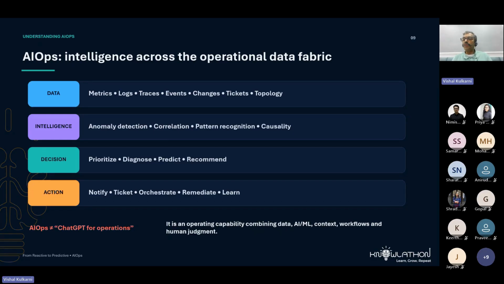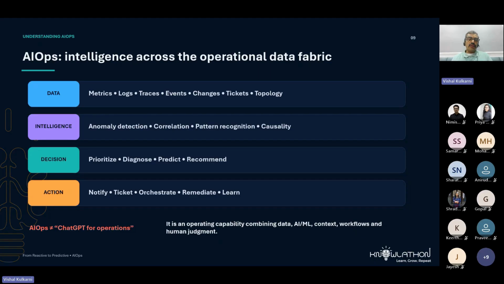When we talk about AIOps, it is the use of AI and data-driven techniques to improve IT operations by analyzing large volumes of operational signals. We identify the patterns, correlate the events, support the diagnosis, predict the risk, and enable the actions.